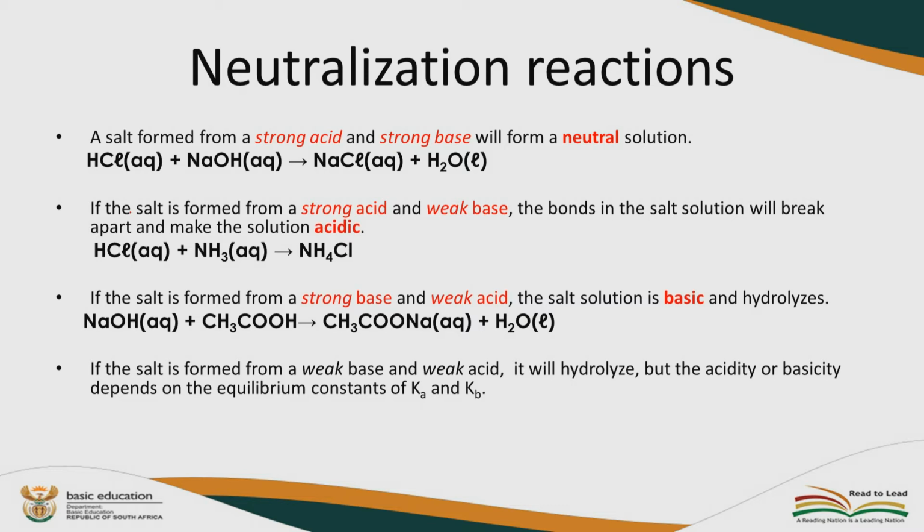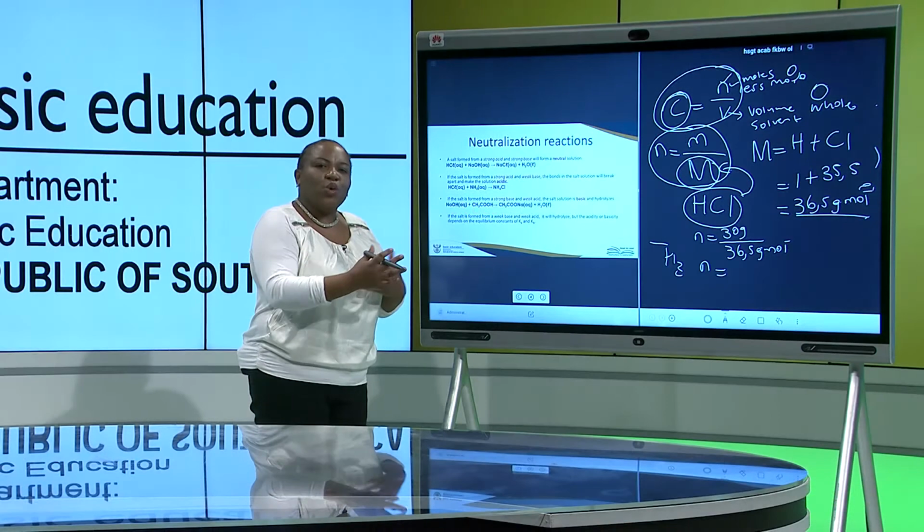It depends on the strength of an acid and a base in that reaction. For example, when we have a strong base and a strong acid, it is easy to get a neutral solution because the two have the same strength.